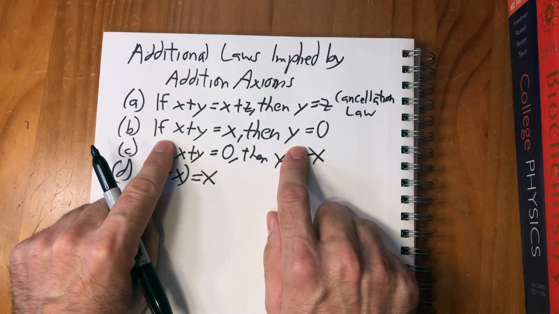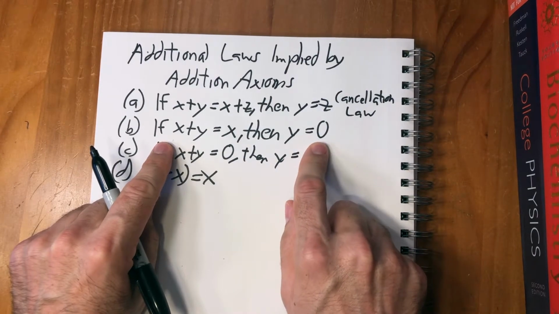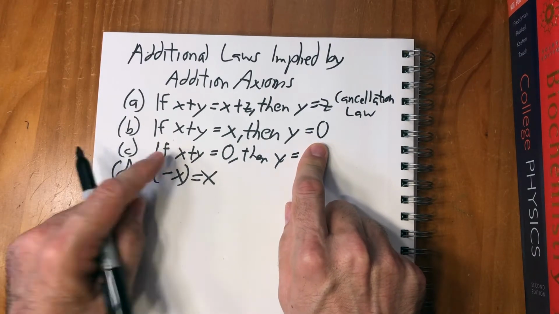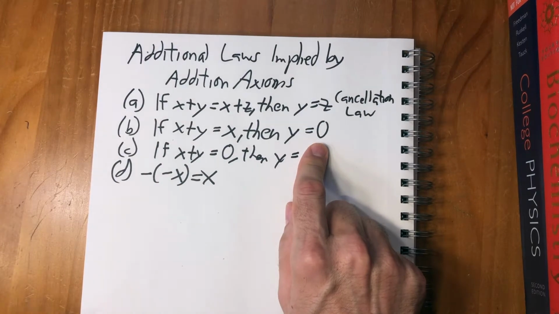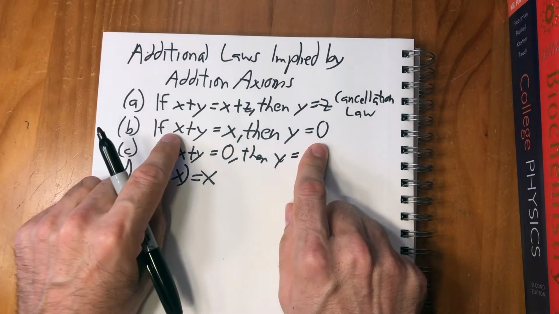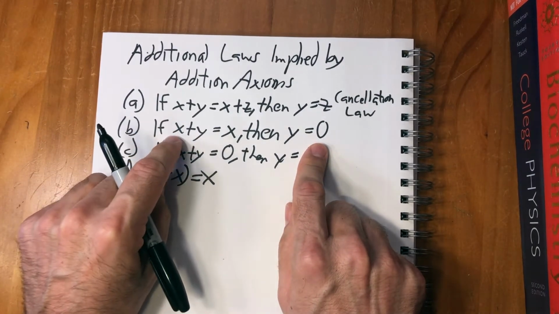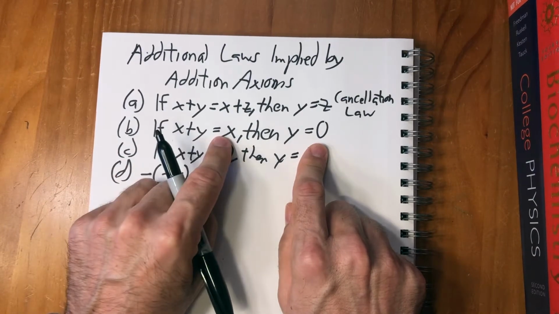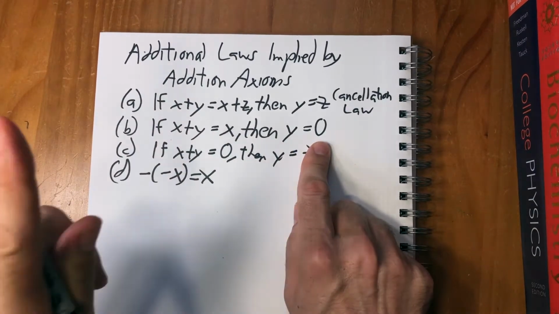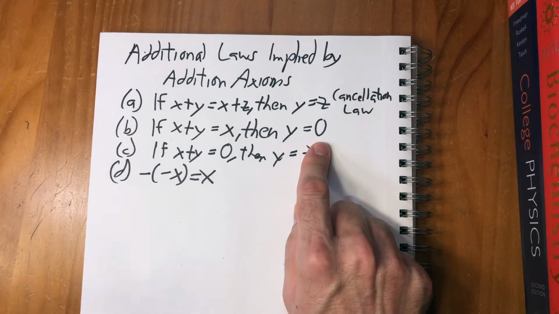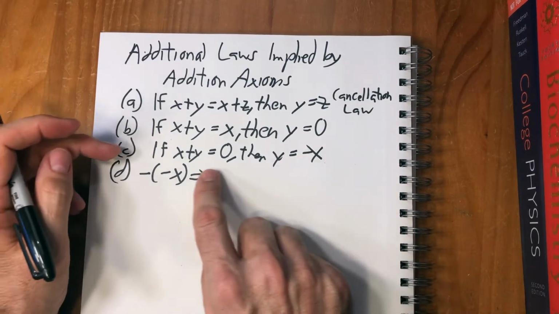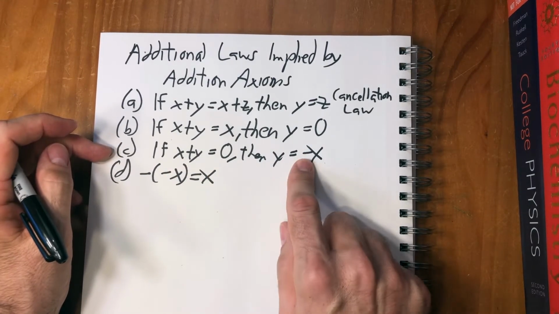Part B asserts that there's only one zero. This is what I said before too. In the field axioms, we say that there is an element where if you add x to that element, you get x. This says that in fact there can be only one in a field. And C says the same thing for inverses.